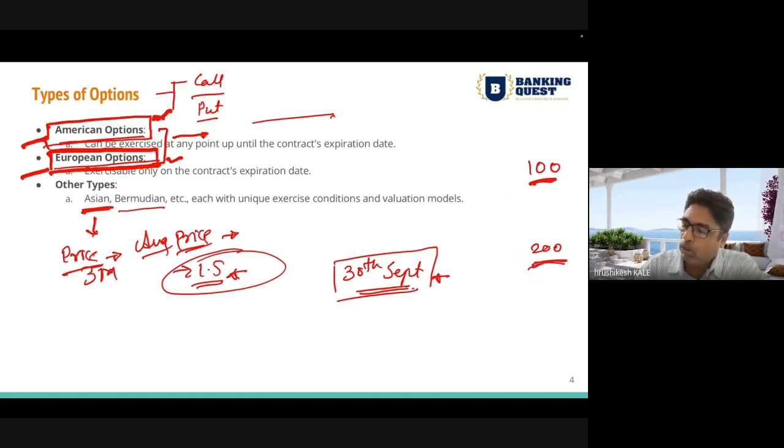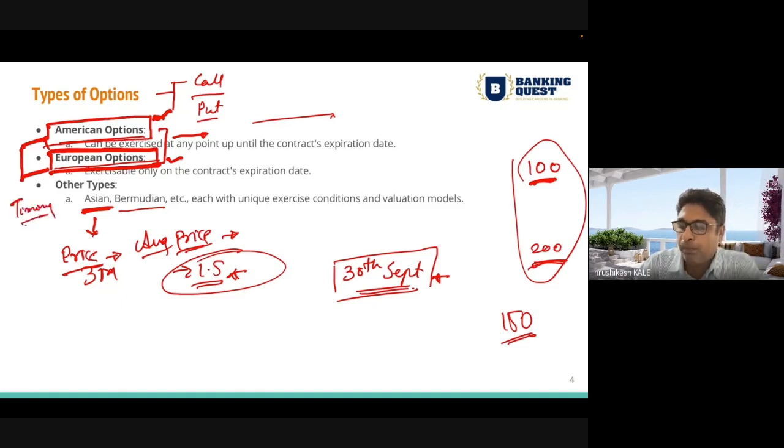So just take the average, and 150 will be the price for Asian options. So basically, Asian options are price-based options, whereas American and European are based on the timing of exercise. That's the only difference between American, European, and Asian options. Let's move ahead.